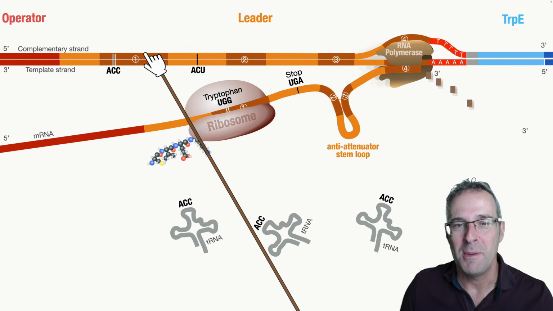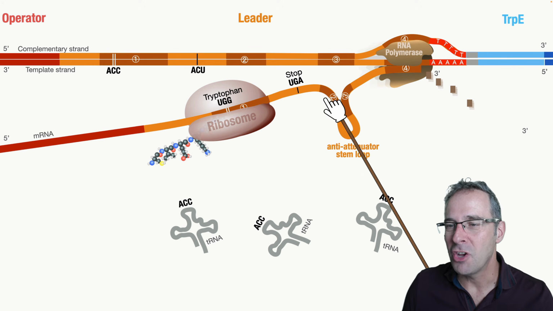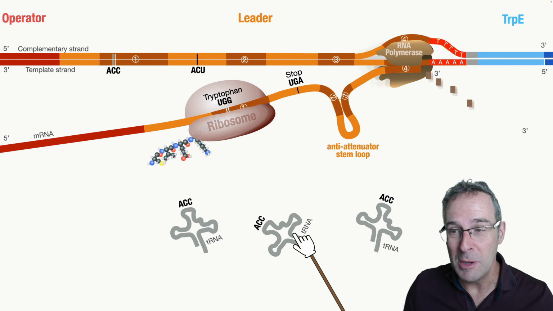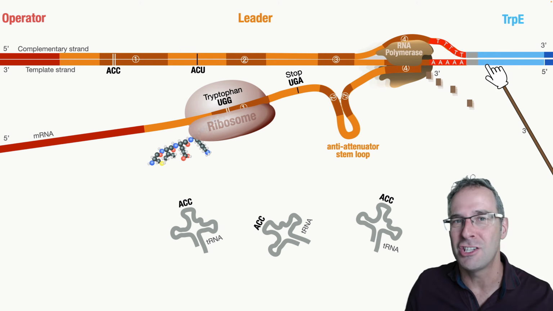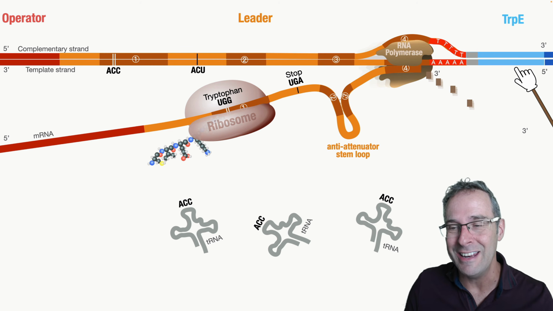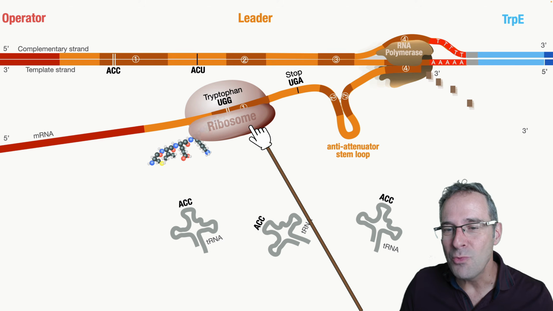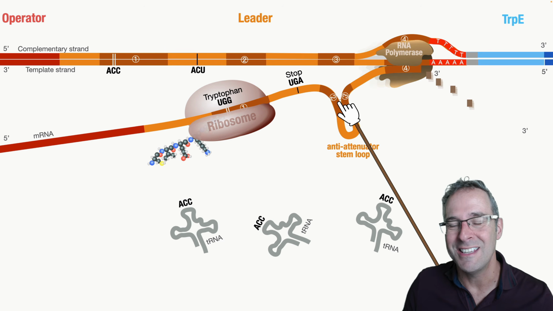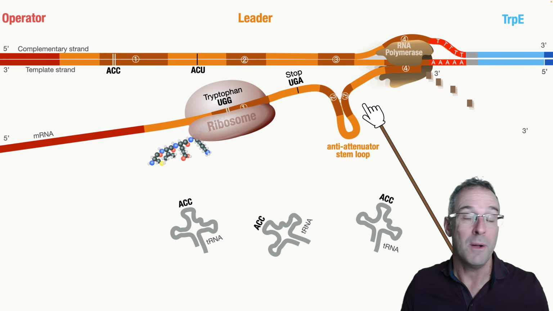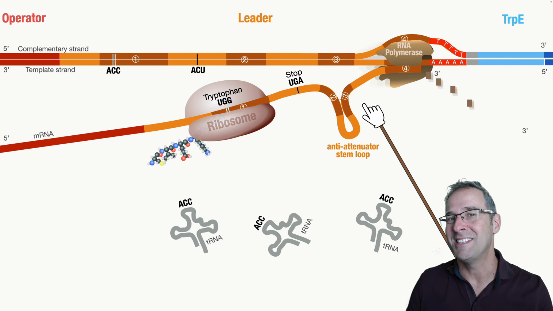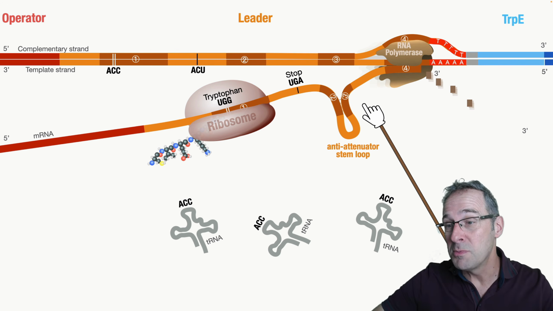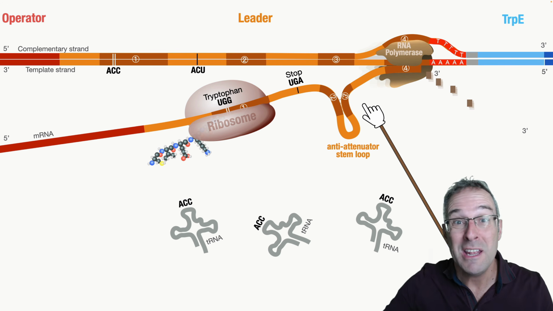One of the questions that people ask is, how can the ribosome get, because here we are in a situation where we need to make more tryptophan, so clearly these structural genes need to be translated. But how does the ribosome get past this anti-attenuator loop? How's it going to get past this kink in the messenger RNA? Well, there are two parts to this answer. The first part is that ribosomes are able to smooth out these hairpin bends in RNA.